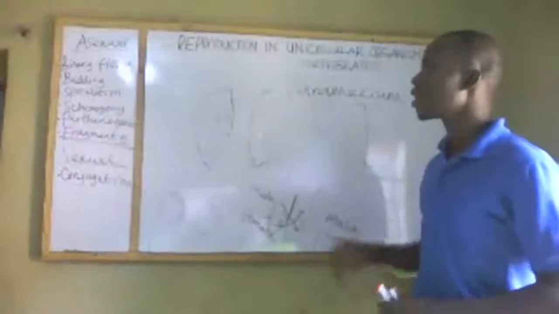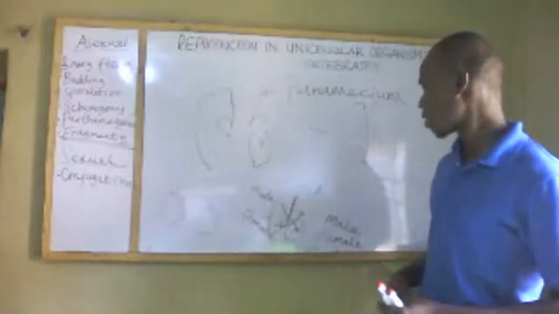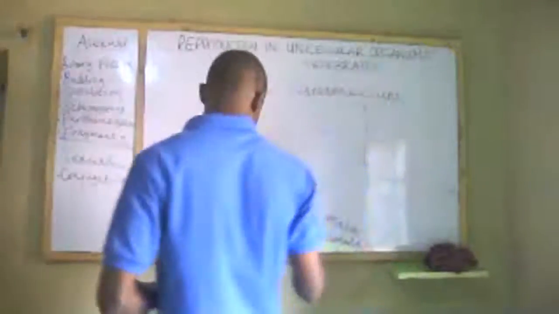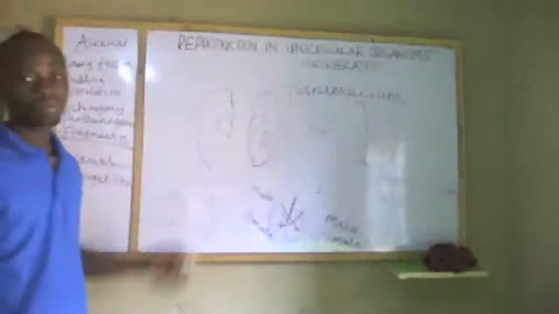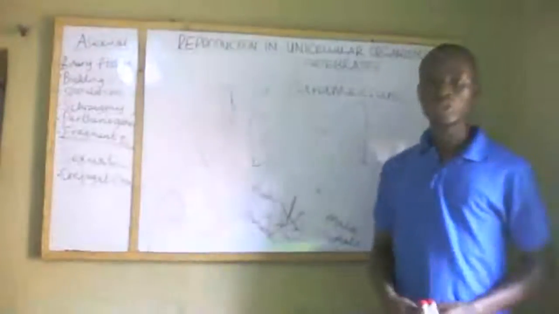This is conjugation in Spirogyra and Paramecium. At the end of the day, 4 daughter nuclei are produced by the paramecia that undergo conjugation.